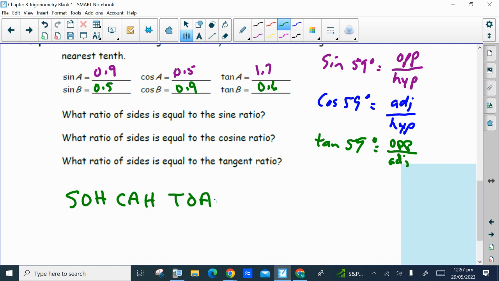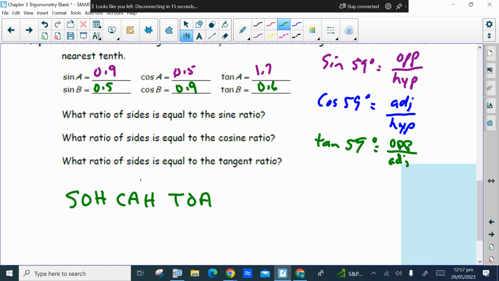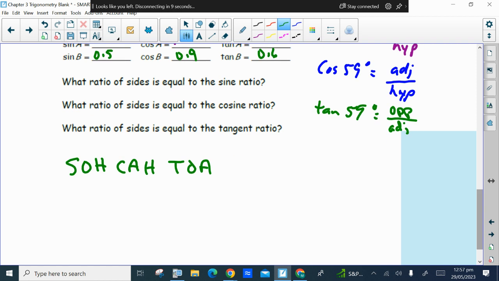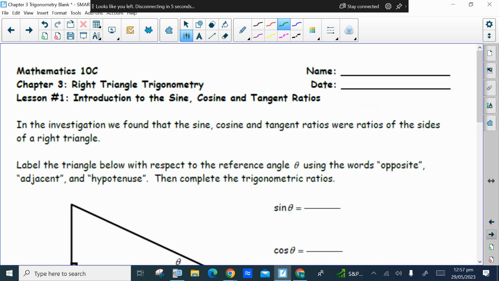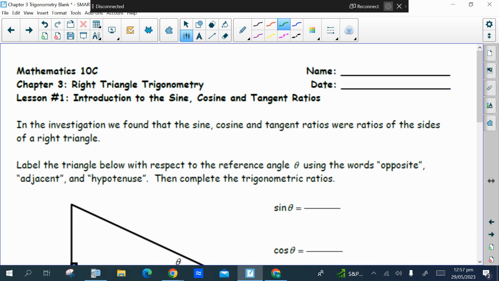The triangle is labeled and the three trig ratios are on your formula sheet. So you don't have to memorize them. You're going to be given them on the formula sheet. Okay, so we found that the sine, cosine, and tangent ratios were ratios of the sides of the right triangle.